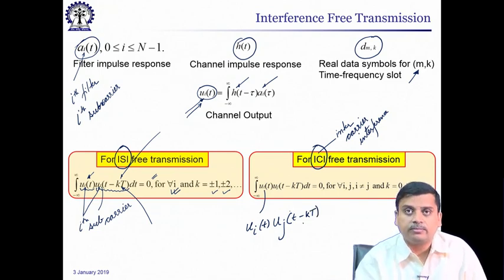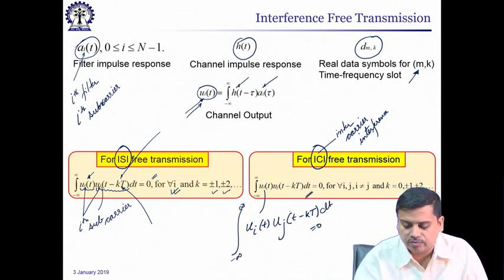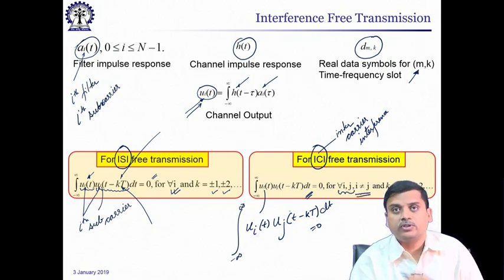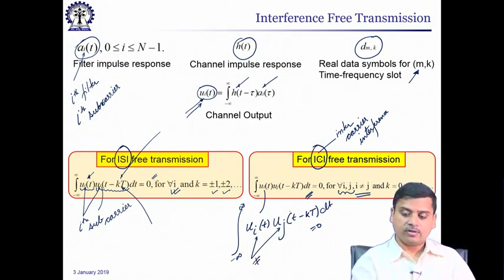So, this is the setup that we have taken. Integrate from minus infinity to infinity dt should be equal to 0, that is what is written over here for all i and j, and i not equal to j. This is important, that means you are not taking the same subcarrier, hence you are talking about intercarrier interference.